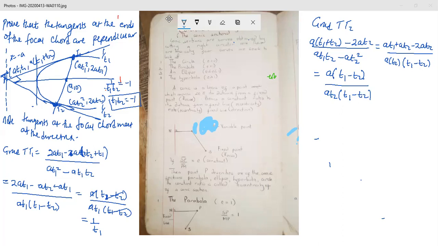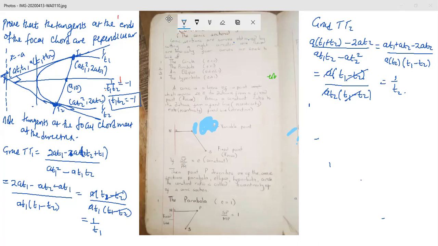I reduce this and I reduce this, I get 1 over t2. Okay, it's okay. So this is the gradient of the second one.